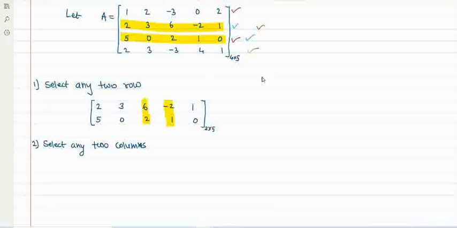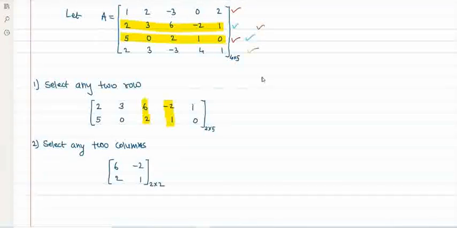So after selecting 2 rows and 2 columns, you get a new matrix of order 2 by 2: 6, -2, 2, 1.